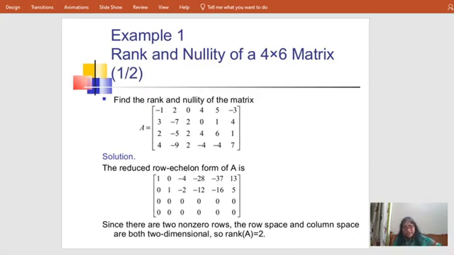So, while trying to reduce that to echelon form, we will get third row and fourth row elements all as 0 for this particular problem.